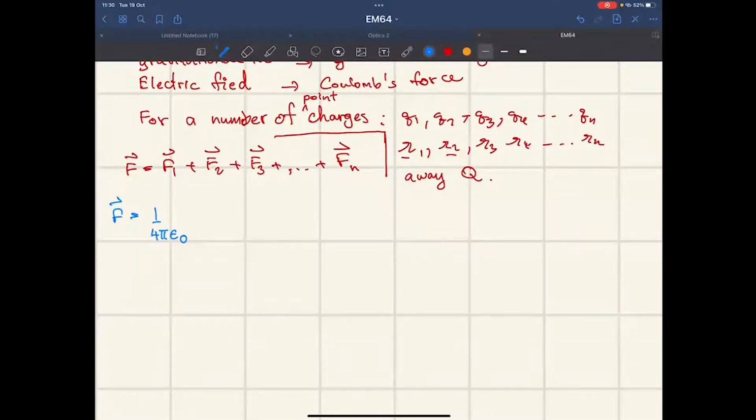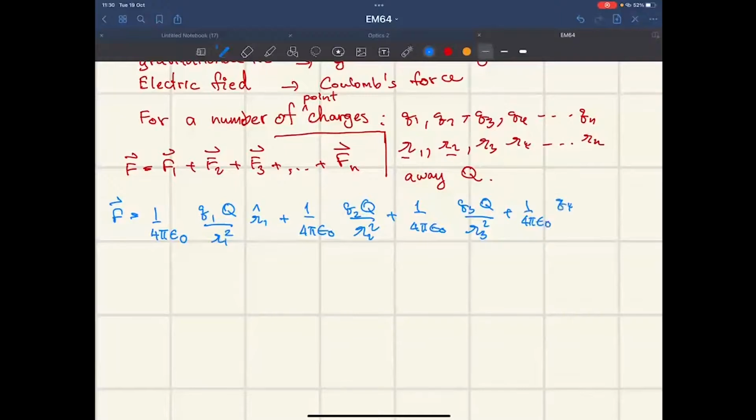What is inside is Q1 Q divided by R1 squared, plus 1 over 4 pi epsilon naught, Q2 Q divided by R2 squared, plus 1 over 4 pi epsilon naught, Q3 Q divided by R3 squared, plus 1 over 4 pi epsilon naught, Q4 Q divided by R4 squared, and plus, continuing until Rn or Qn.